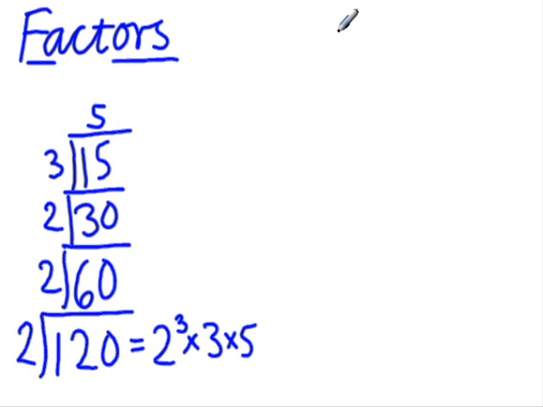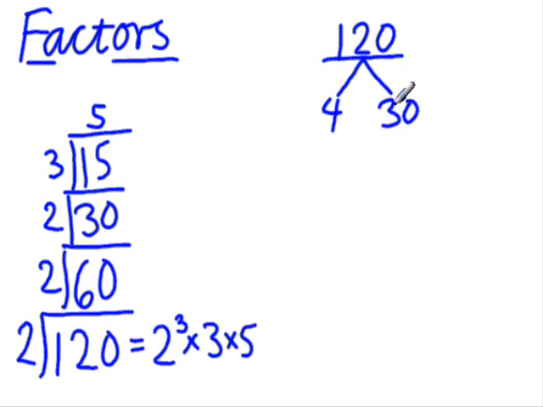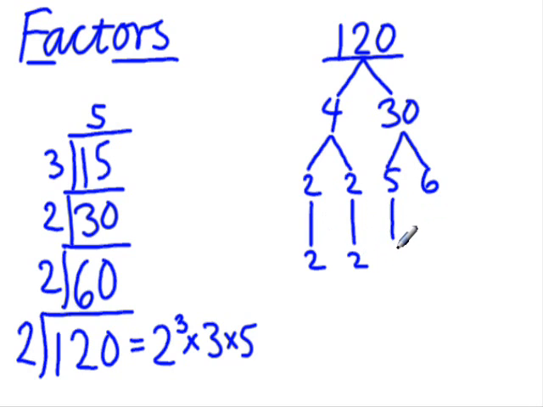We could have done the factor tree, 120 at the top of the tree as we come down and make the branches. Let's do this will be 4 times 30. We could choose any 2 factors we want. 4 is not prime. 4 is 2 times 2. And 30 is 5 times 6. 2 is prime. 2 is prime. 5 is prime.